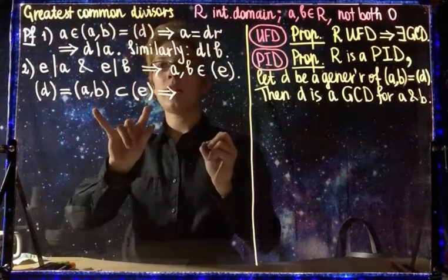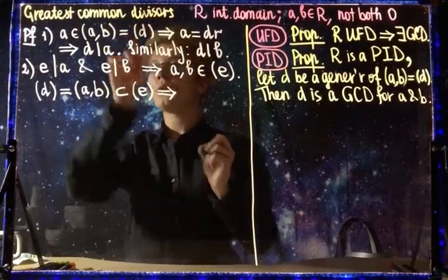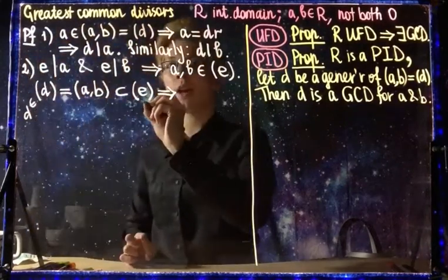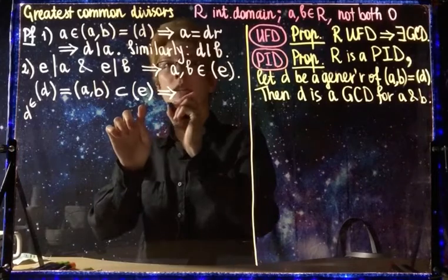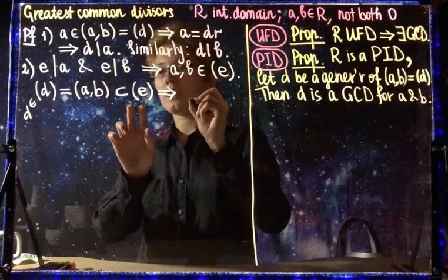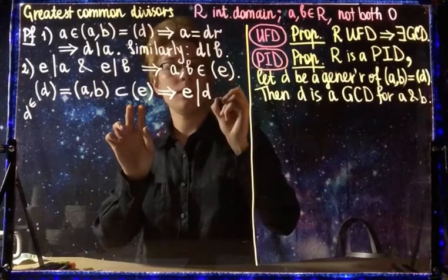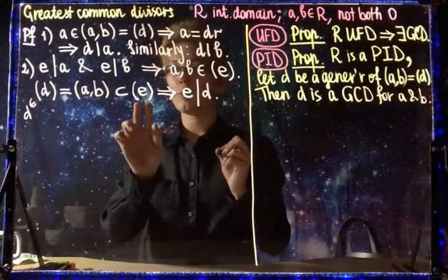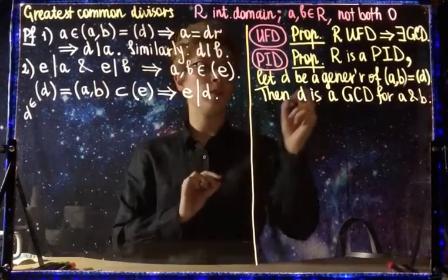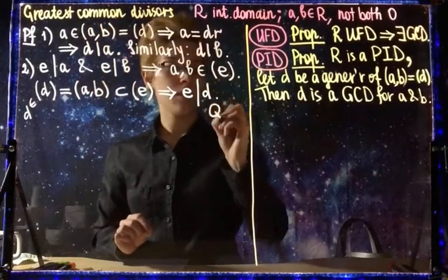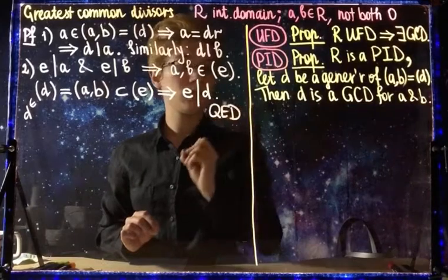And from this containment, similar to the first line, we have that D belongs to the ideal generated by E. It means that E divides D, because D can be written as a product of E times some element of R. And this concludes the proof.